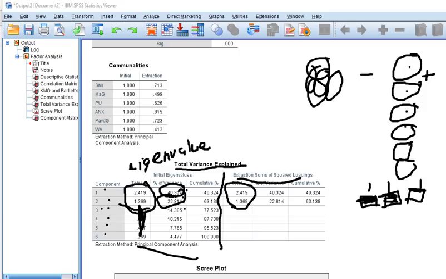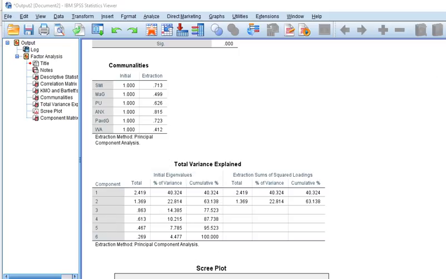So you can see that based on the eigenvalue cutoff rule that was a default when we went through the menu system, we retained the first two components, and we had the percentage of variation, which also corresponds to this information here. Then we have a column containing cumulative percentages.